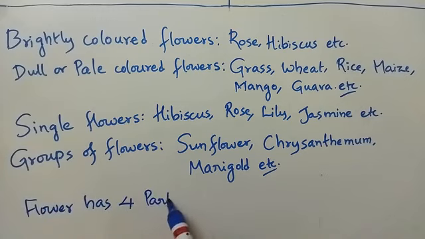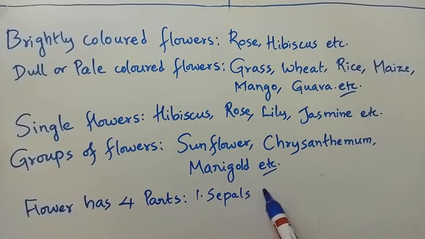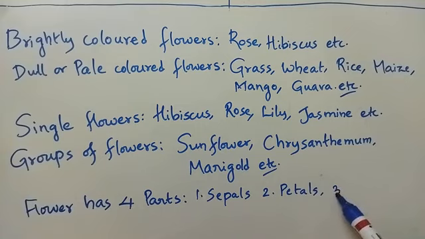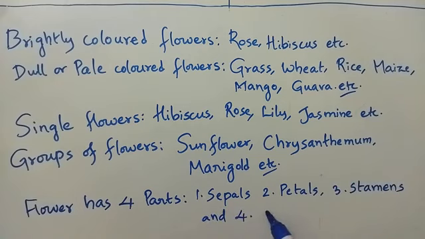What are they? Sepals, petals, stamens, and fourth one, pistil. Sepals, petals, stamen, and pistil. These are the 4 parts of the flower.